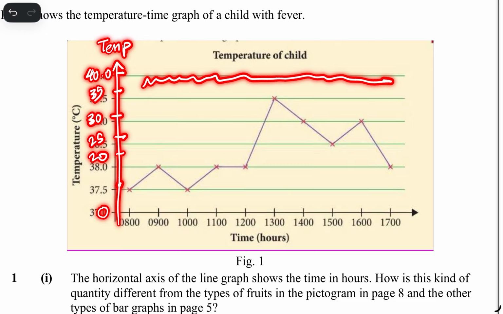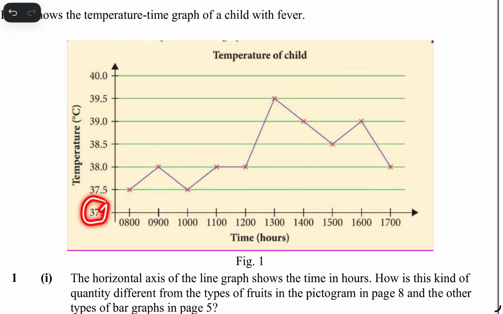And if it is something like this, it is too small for us to identify any form of pattern. In this case, we cannot see any trend at all. That is why for a line graph, it is important for us to not start from 0, so that I can expand and make this graph look very clear, and I can easily see what is the trend or pattern in the temperature of the child over the time.